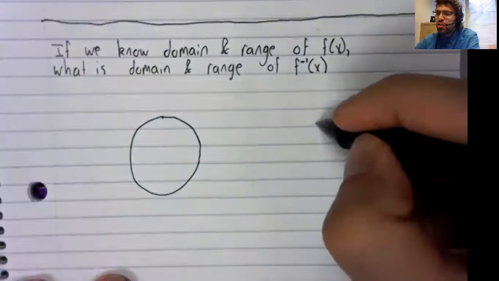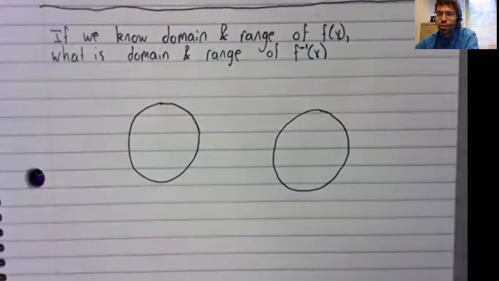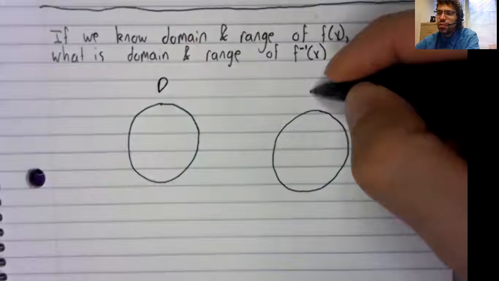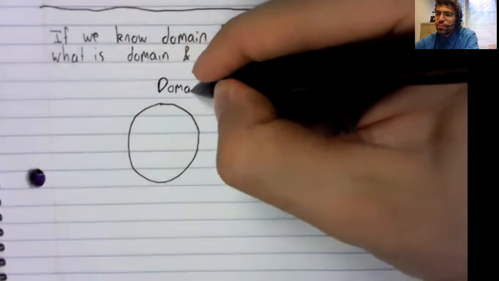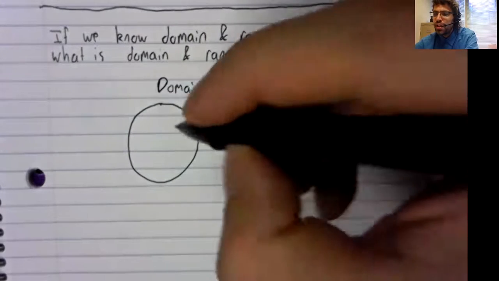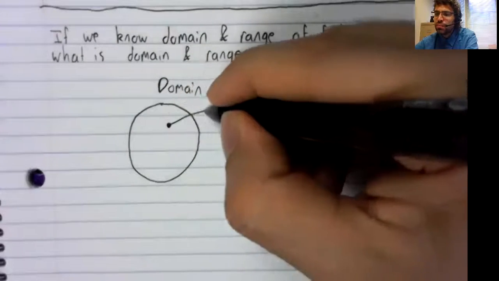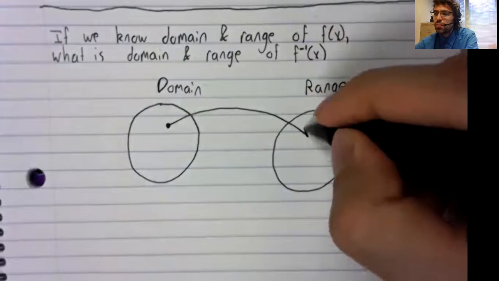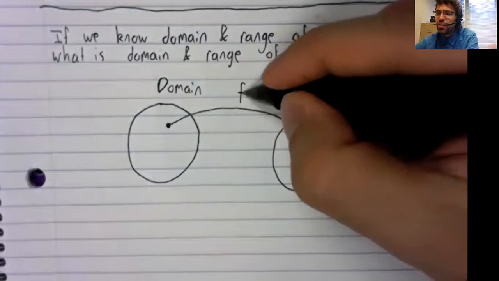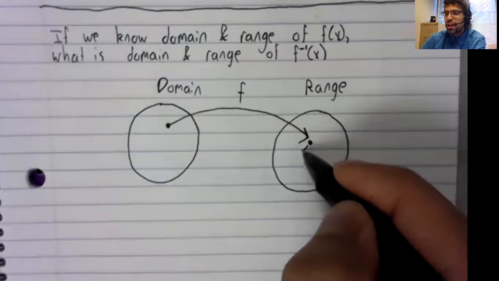Remember that functions and inverses undo each other. And this function has a domain, and it has a range. And this function takes values in the domain, and it maps them into the range. F inverse undoes that.